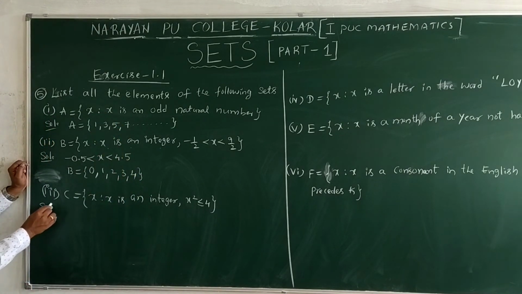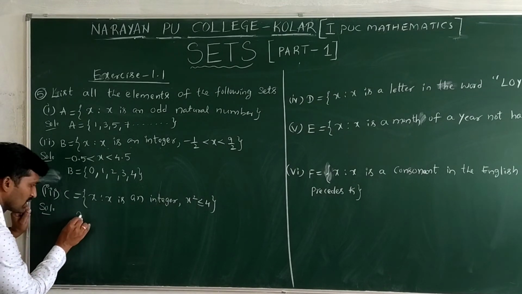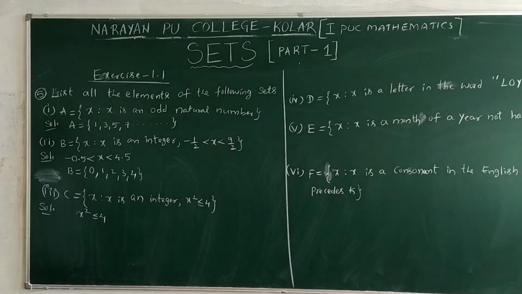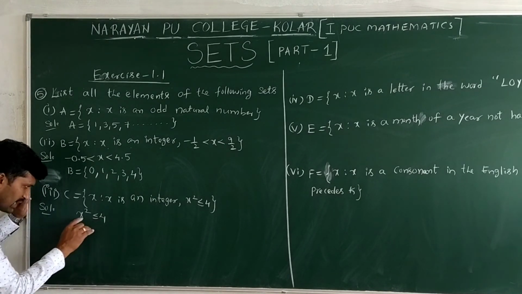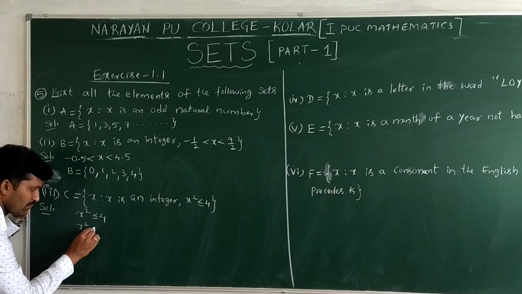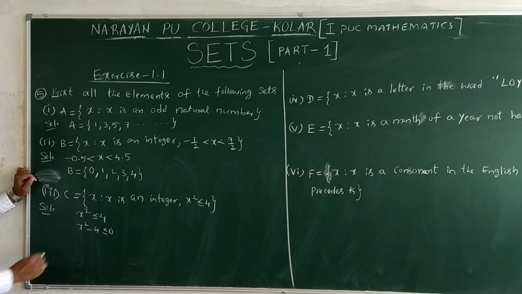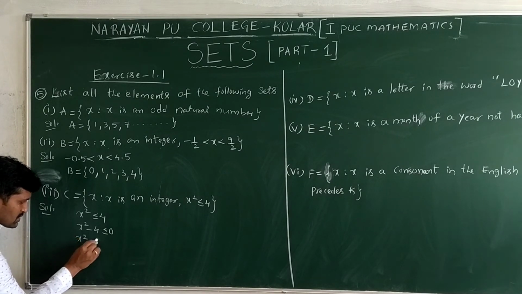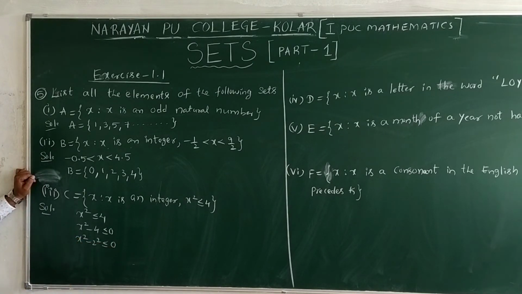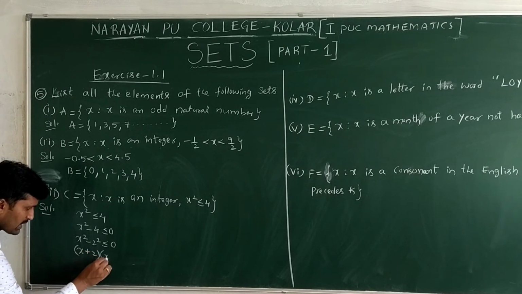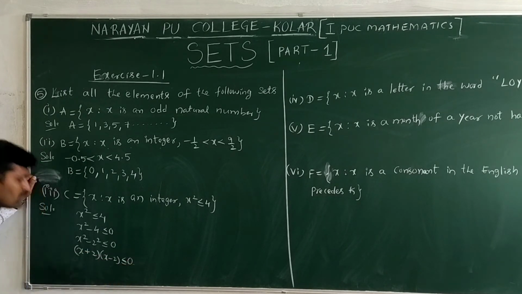Next, coming to this. x is an integer, but the given condition is x square is less than or equal to 4. Now, take this here, we get x square minus 4 is less than or equal to 0. x square minus 2 square is less than or equal to 0. This we can write as x plus 2 into x minus 2.